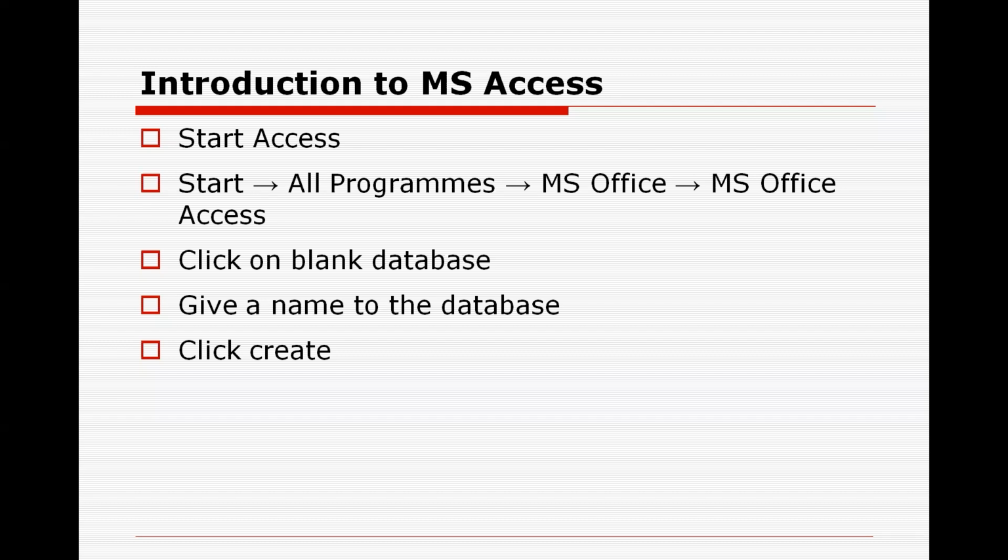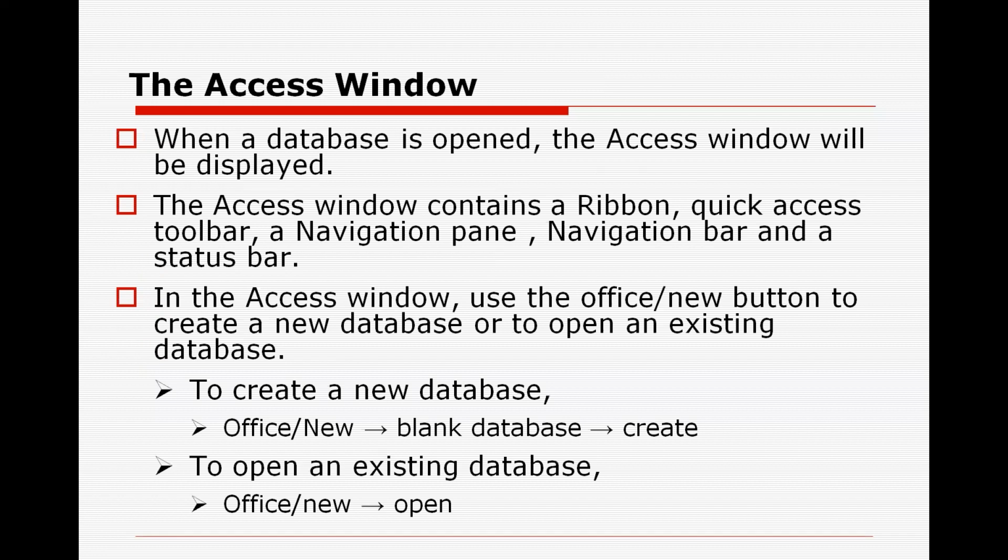Here, what you need to understand is that when you open your Access program, the Access window will be displayed. It is the normal way, as you learned about Office applications.